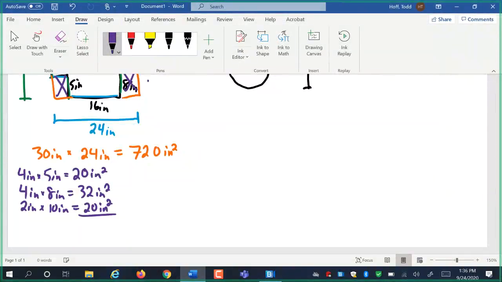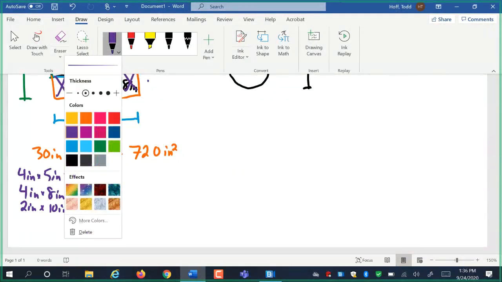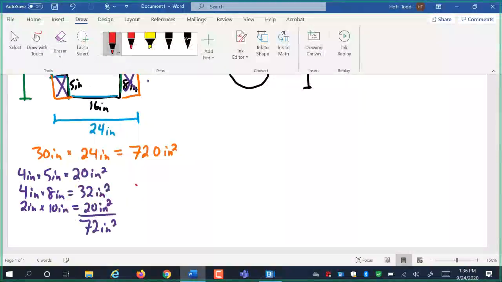So that makes a total of 72 square inches that has to be subtracted. So subtract 72 square inches, that is 648 square inches as the total area of that shape.